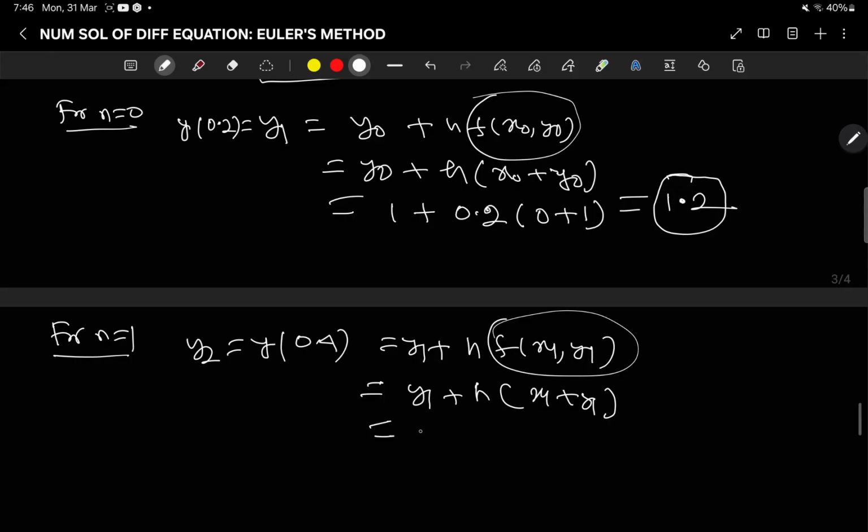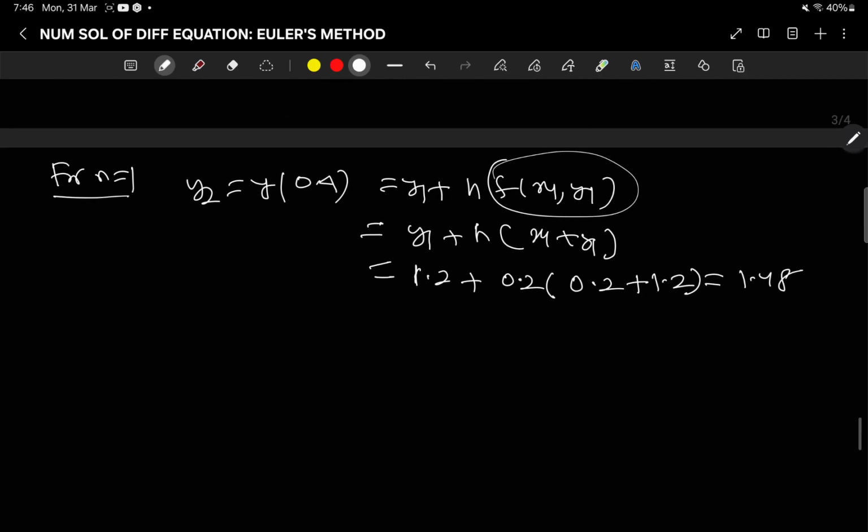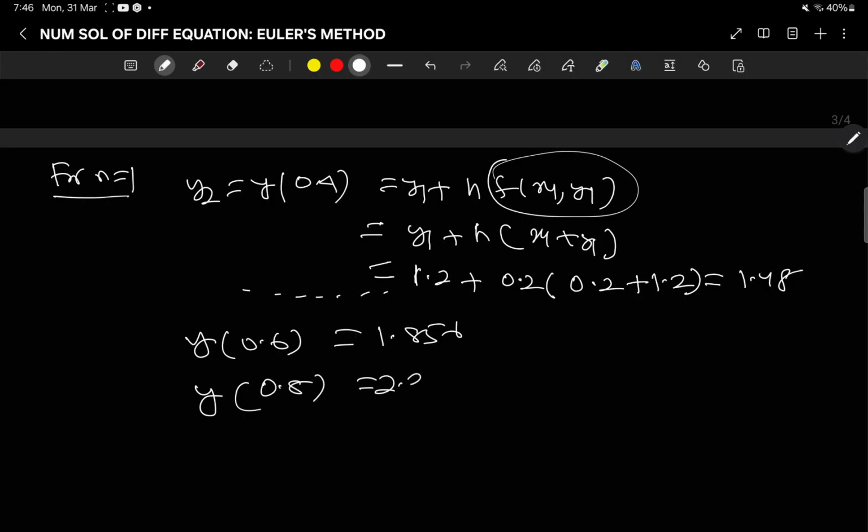So 1.2 plus 0.2 into 0.2 plus 1.2 is my 1.48. Likewise my y of 0.6 will be 1.856. If I continue, y of 0.8 will be my 2.3472, and y of 1.0 is my 2.97664.